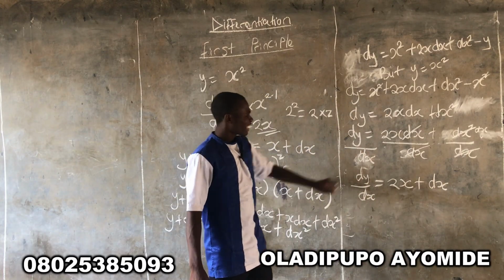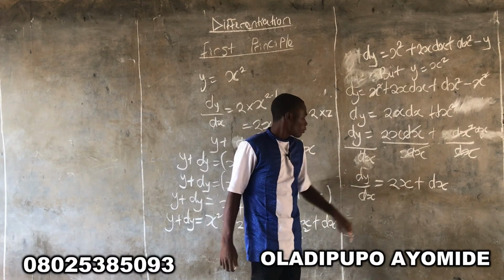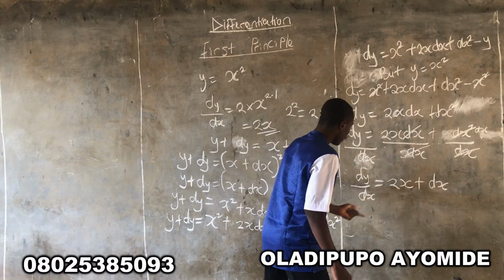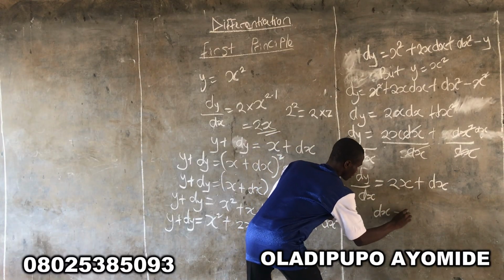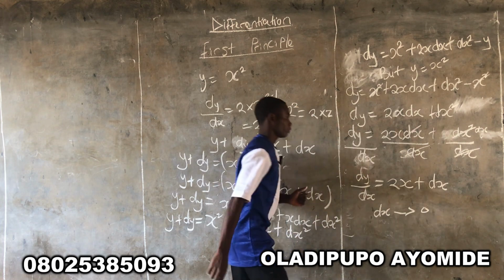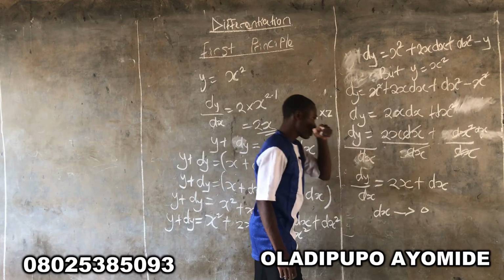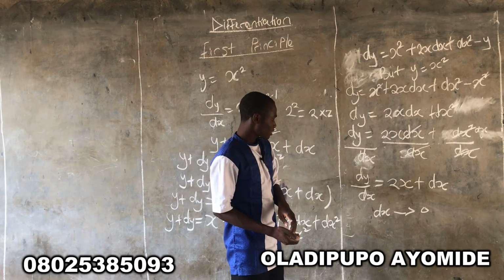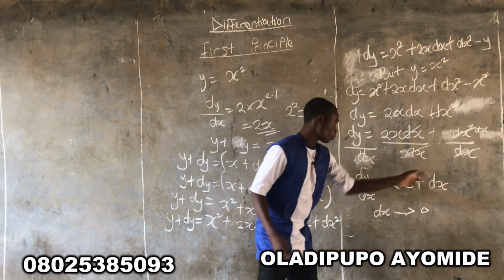So now getting to this point, we have to limit our dx to 0. That is, wherever you see dx, put 0, or replace it with 0.